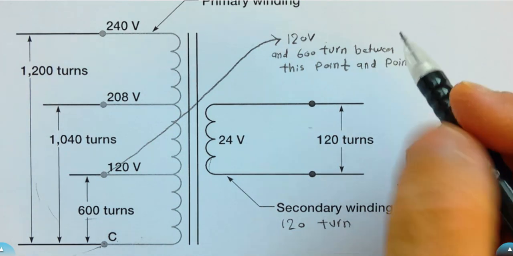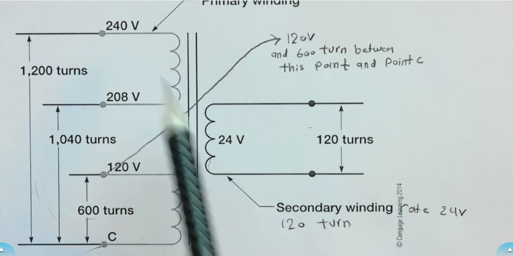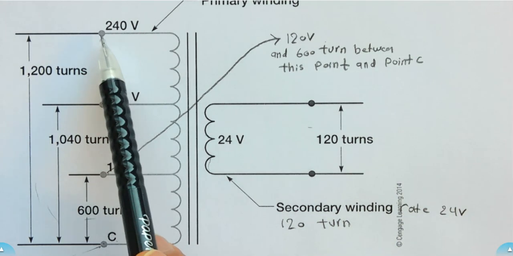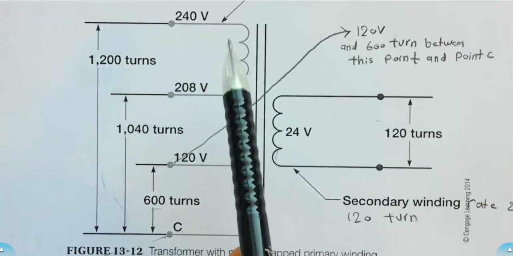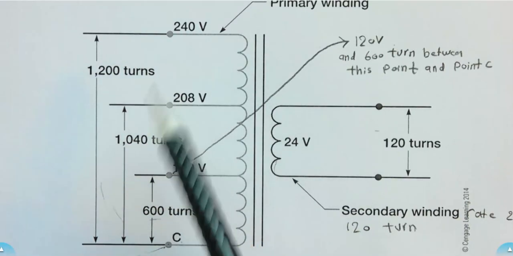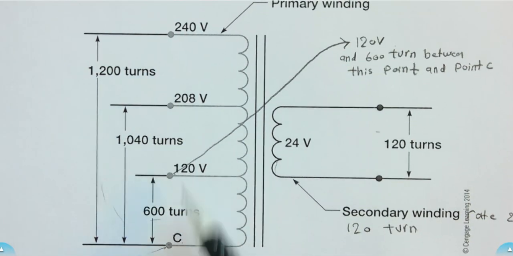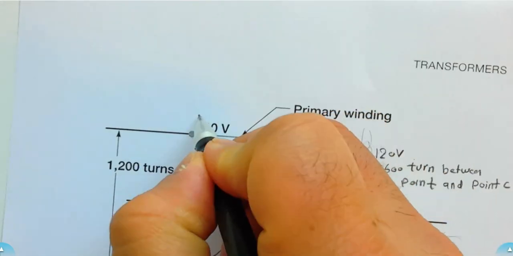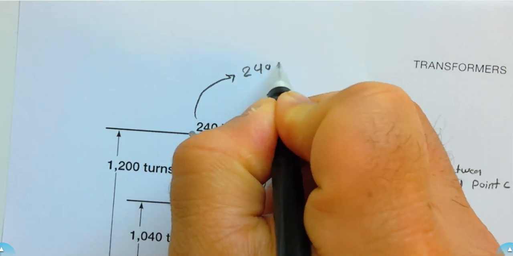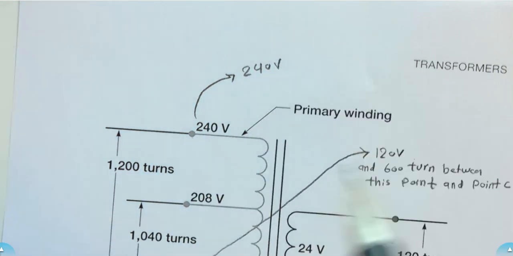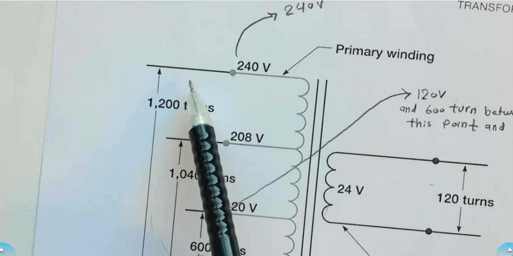For example, I can take another example here. I have 240. What does 240 mean? That means the voltage between this point and point C is 240 volts. And also the turns: how many turns?